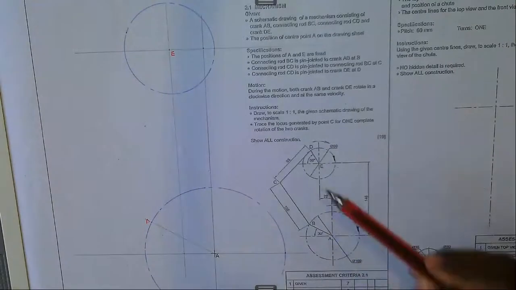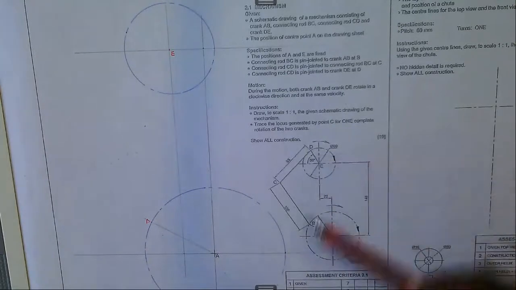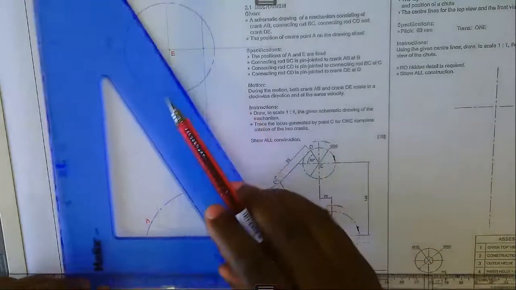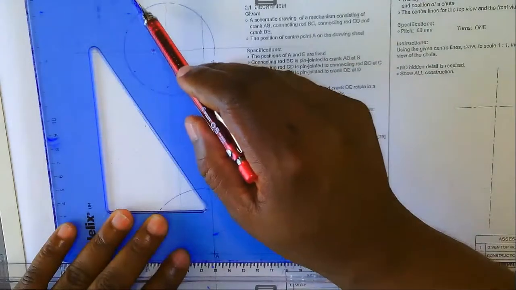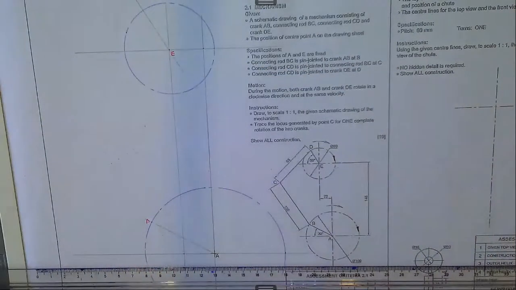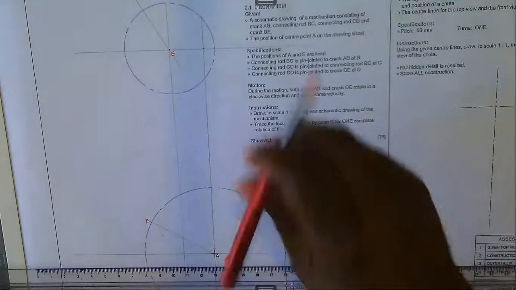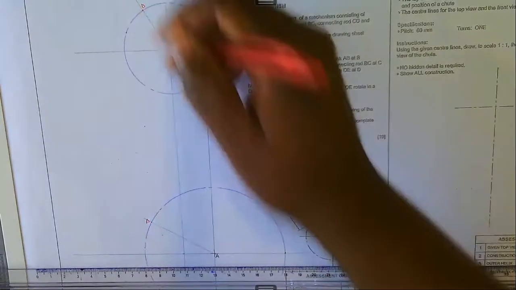We need the position of point D, which is 60 degrees from here to there. So we're going to do this. That's our point D, which is here.